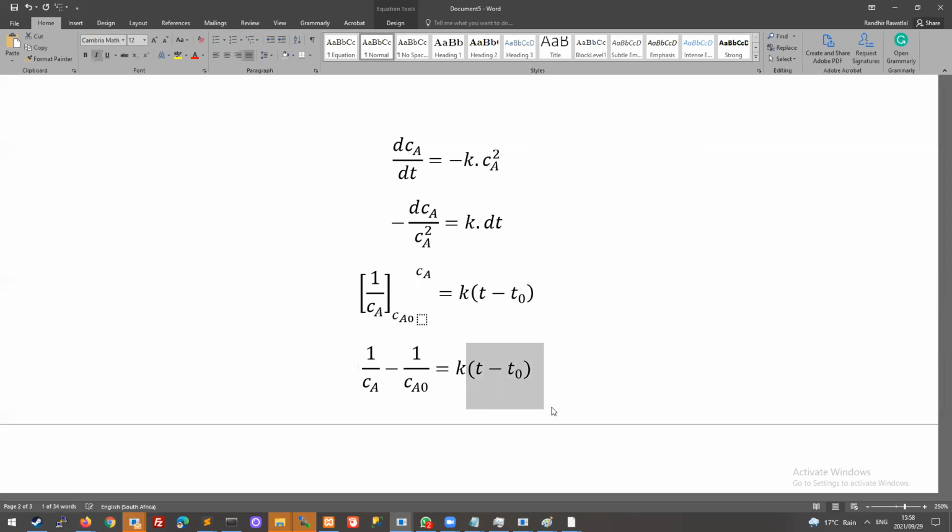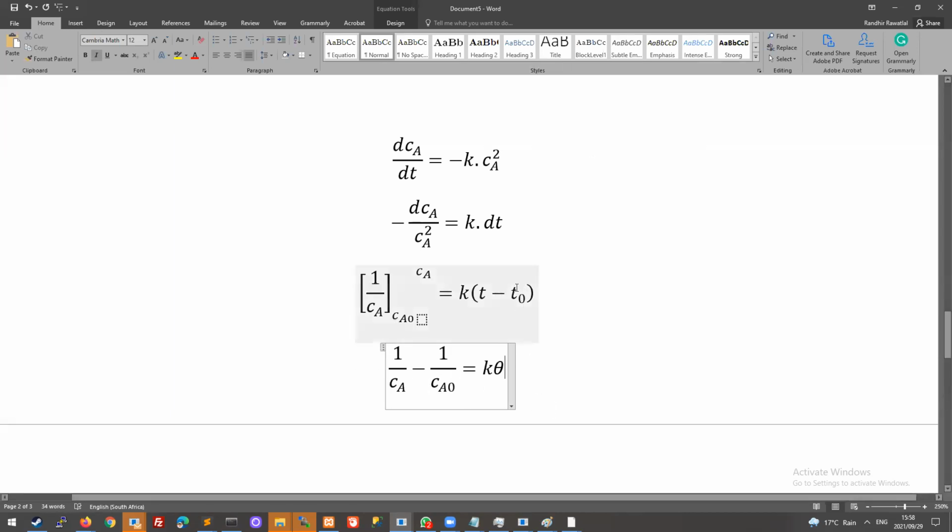And t minus t naught we normally think of as theta. So t naught is the entry time by the oil droplet into the reactor, and the current time is t. So the current time minus the entry time for that oil droplet, that must be the age of that oil droplet in the reactor.